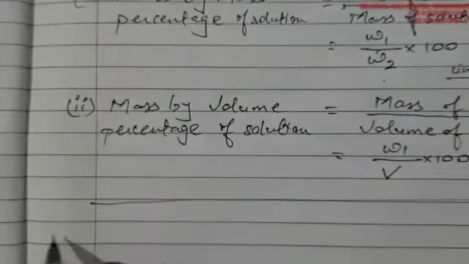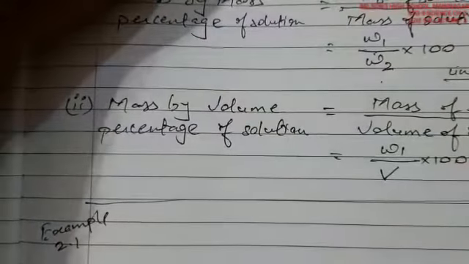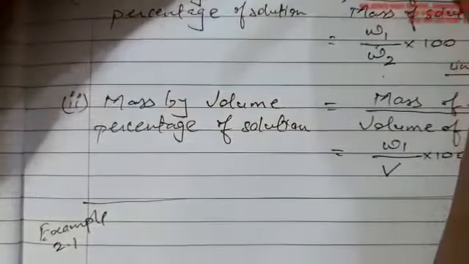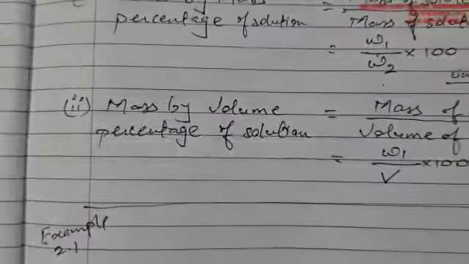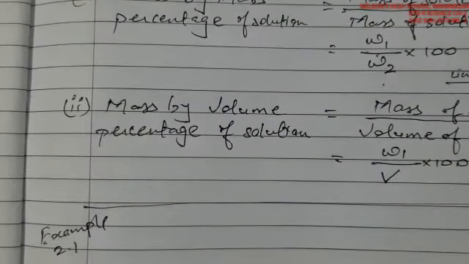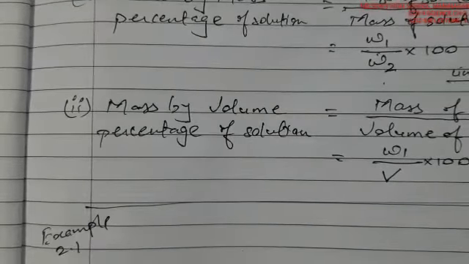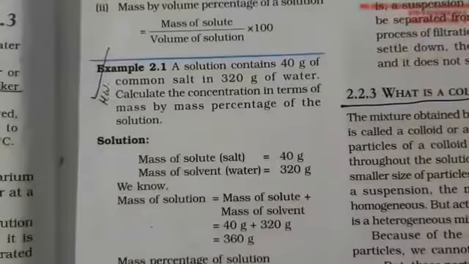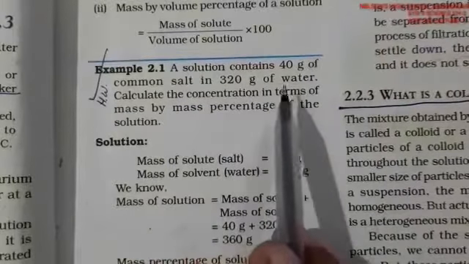So we will solve the sum as example 2.1. In example 2.1 they have given: a solution contains 40 grams of common salt in 320 grams of water.